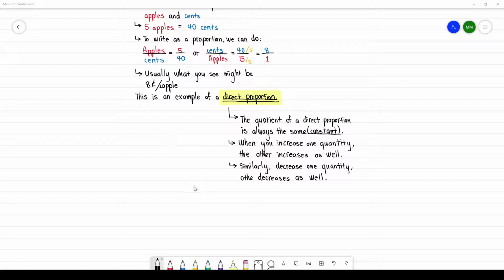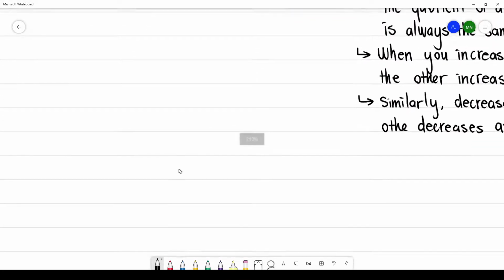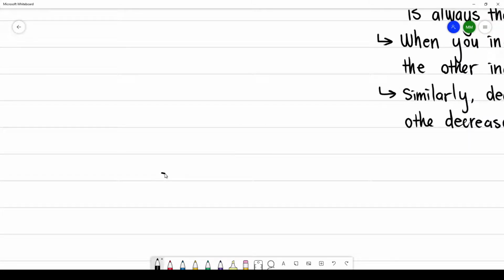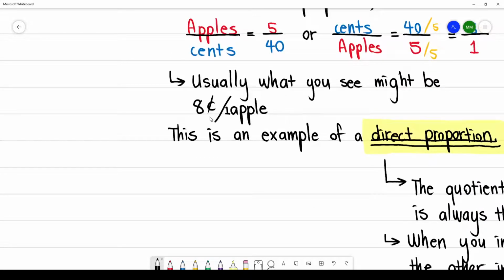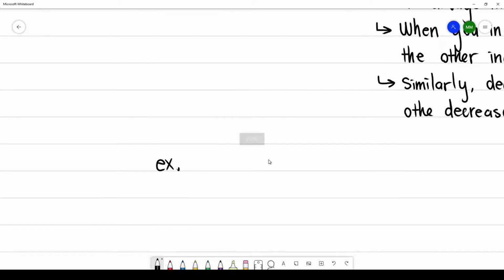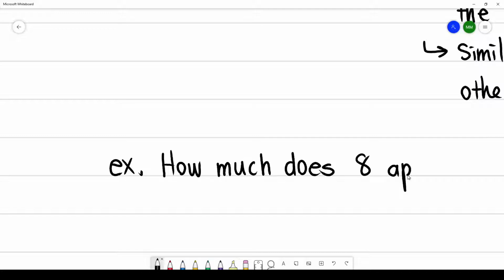I'll give you a really basic example for now. According to this proportion, 8 cents per apple, how much do 8 apples cost?